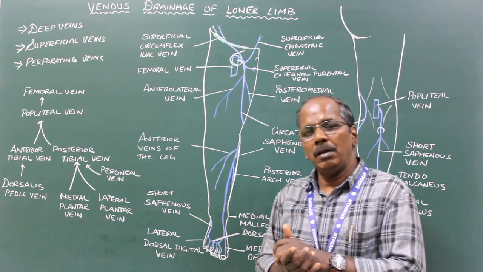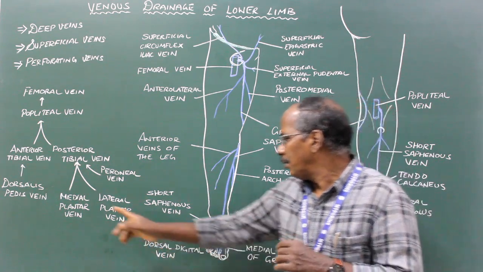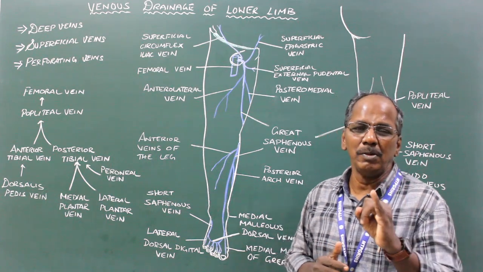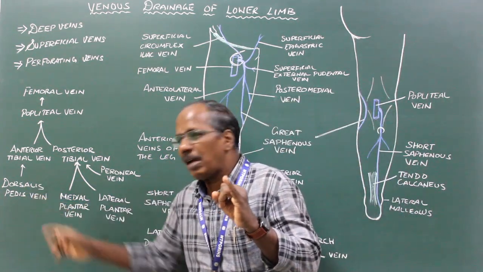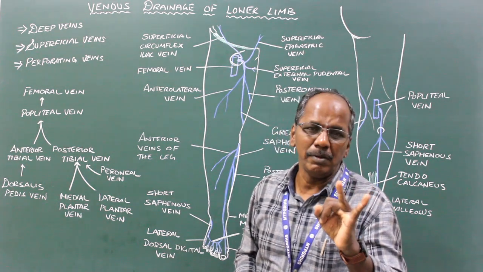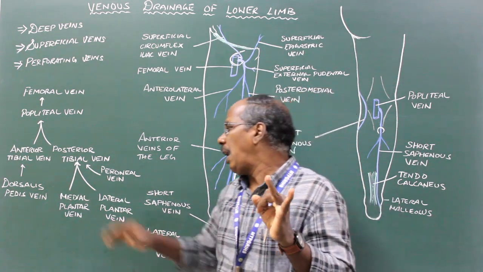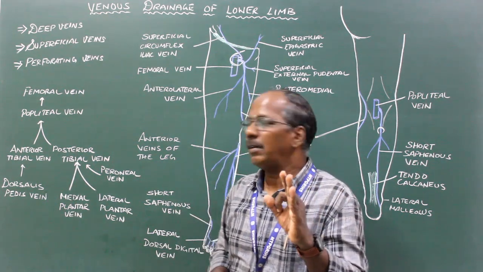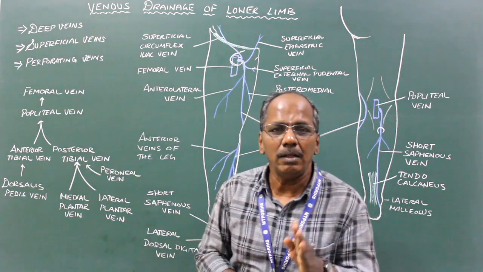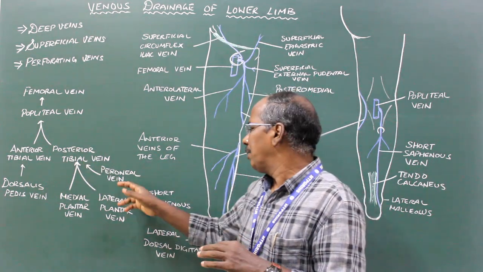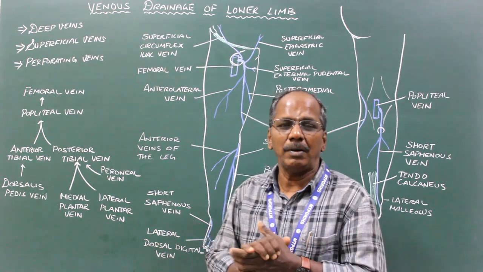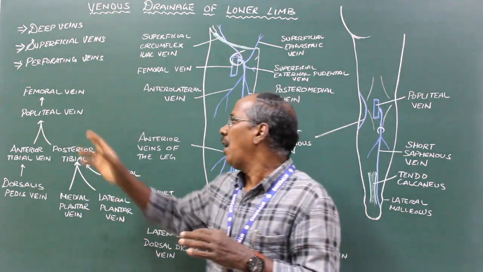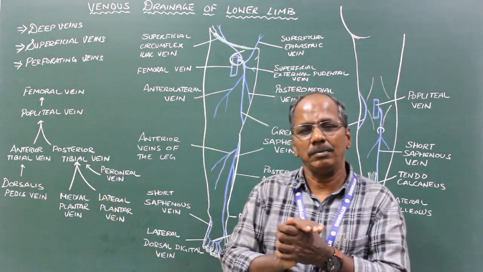The deep veins of the lower limb include medial plantar vein and lateral plantar vein in the sole of the foot, dorsalis pedis vein on the dorsum of the foot, anterior tibial vein in the anterior compartment of leg, posterior tibial vein in the posterior compartment of leg, peroneal vein in the lateral compartment of leg, popliteal vein in the popliteal fossa, and femoral vein in the thigh.